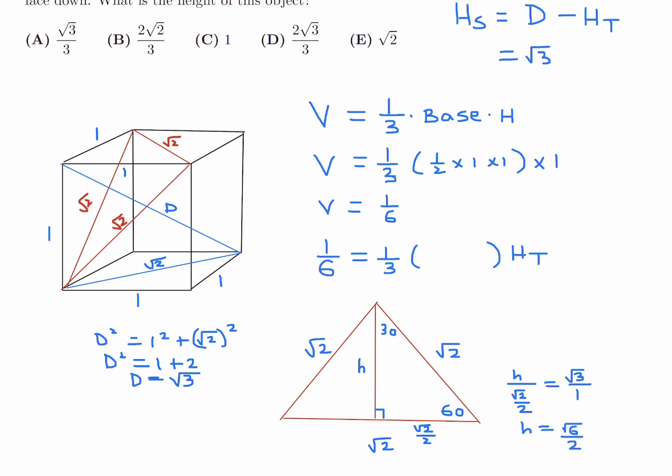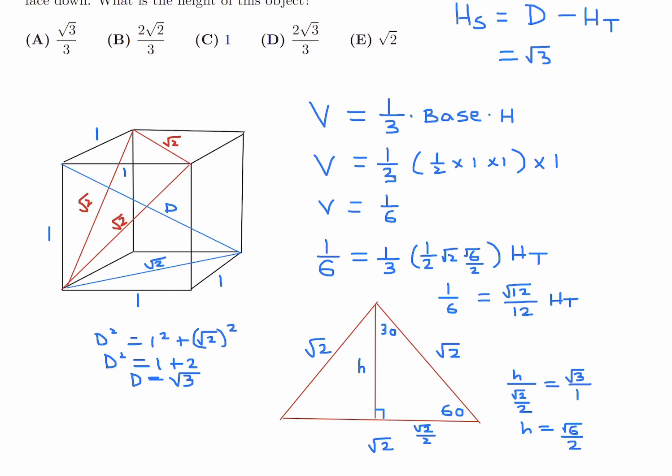All right. Plug that back into here now. The area of this base is 1/2 base, which is root 2, times height, which we just figured out was root 6 over 2. So this becomes 1/6 is equal to root 12 over 12, and don't forget that HT.